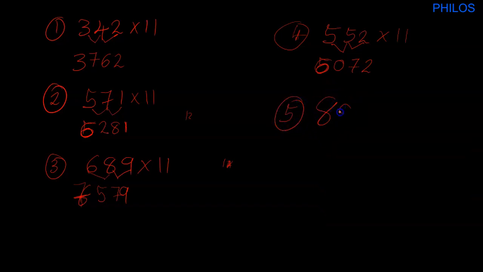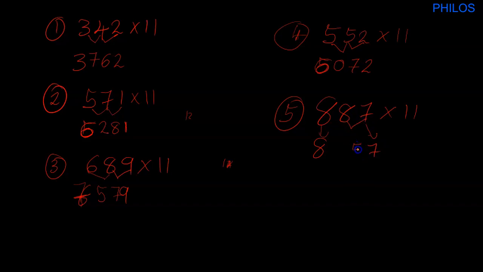Okay. Now let's take the last example, 5. Let's say 887 times 11. You write the first digit, which is 8, okay. Then you leave 2 spaces and write the last digit, which is 7. Then you take the middle digit and add it to the 7 first. So 8 plus 7 gives you what? 15, right?